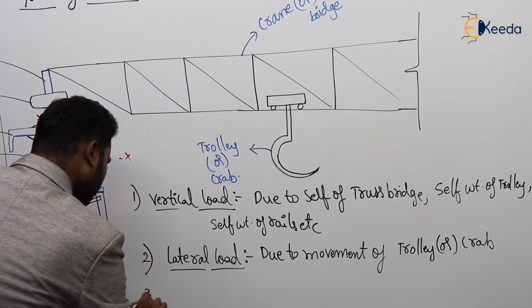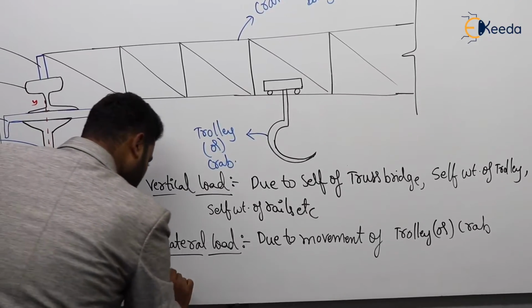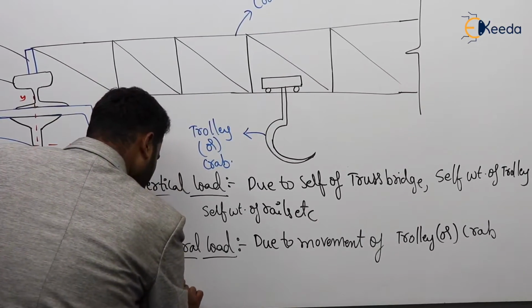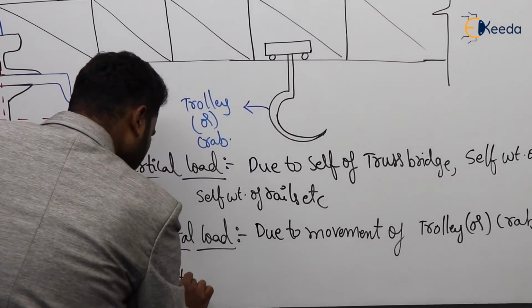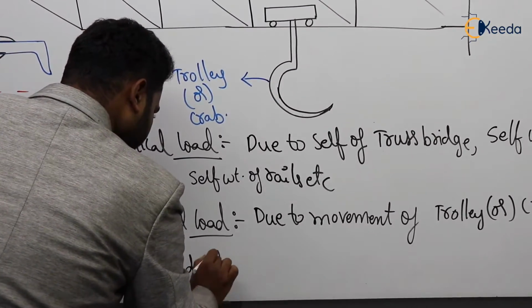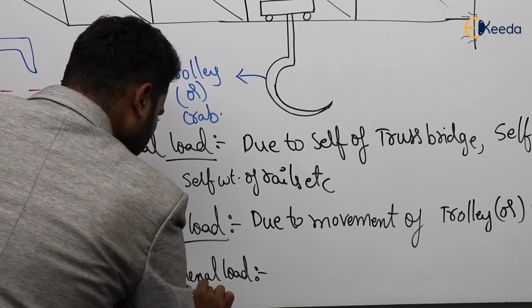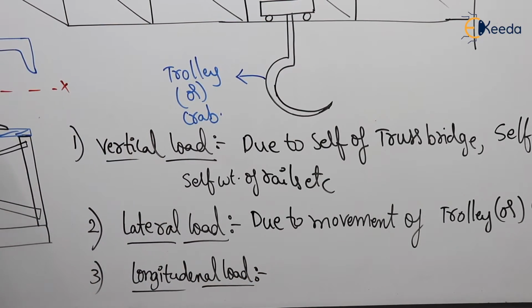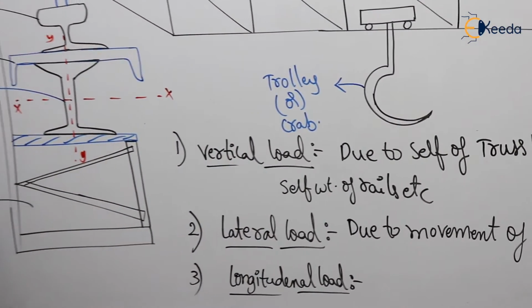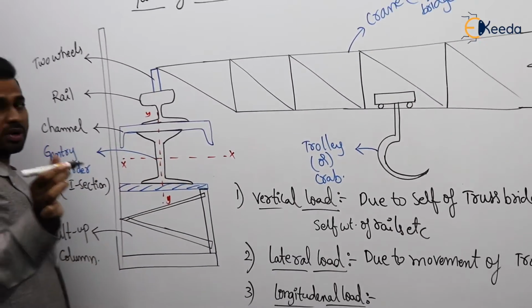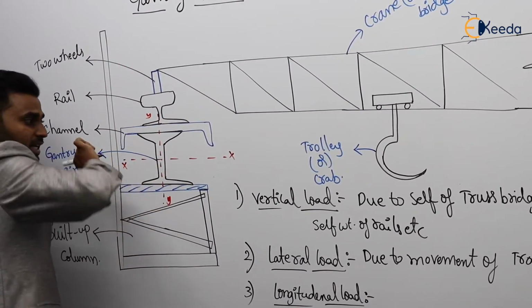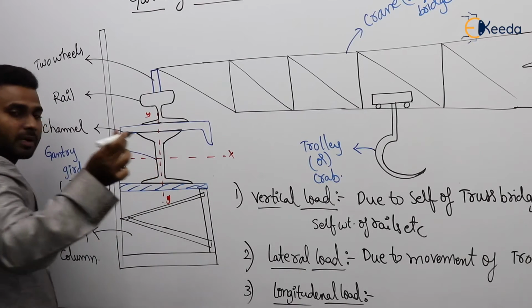Third, longitudinal load. Longitudinal load is nothing but perpendicular to the board. If you observe the three axes, one is YY here, one is XX, and another is ZZ, perpendicular to the board.